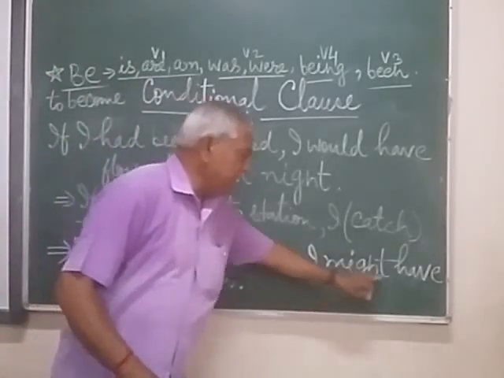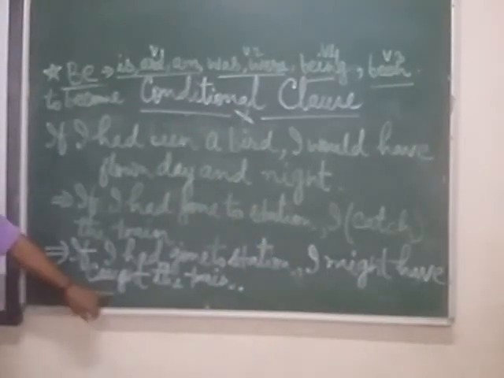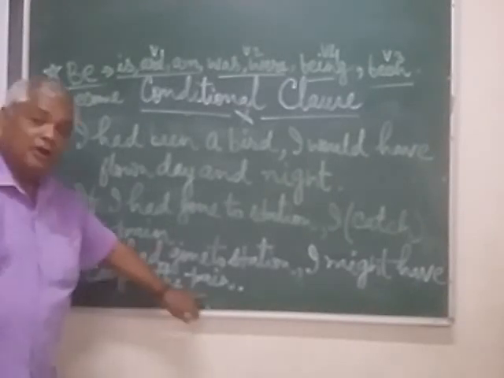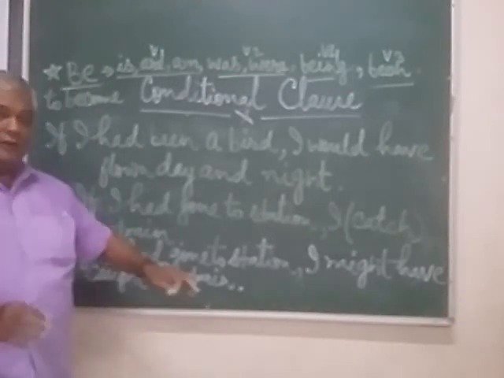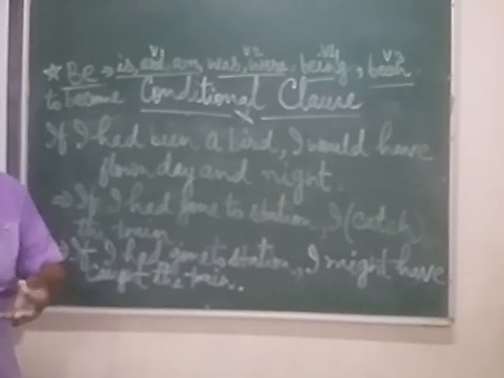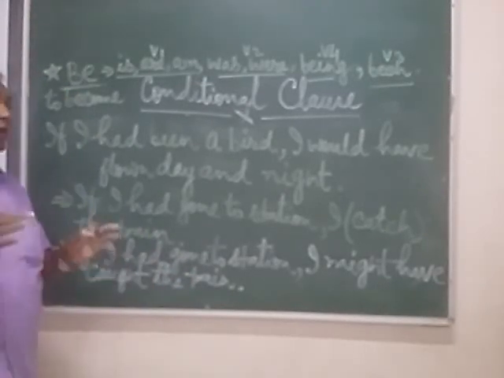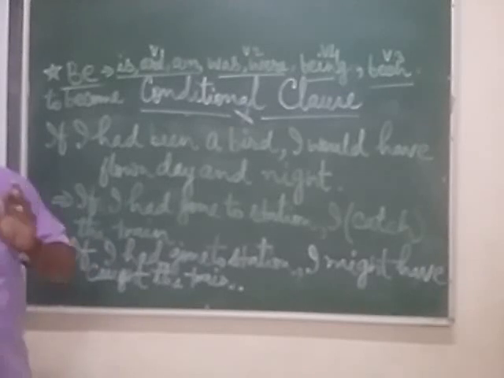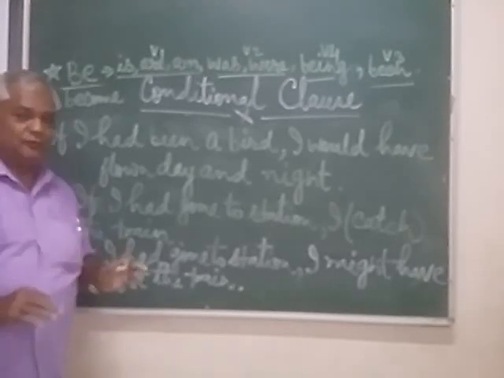So I might have, and this is V3 caught, I might have caught the train. So this is the way of making the exercise for the conditional clause or the conditional sentence. Thank you.